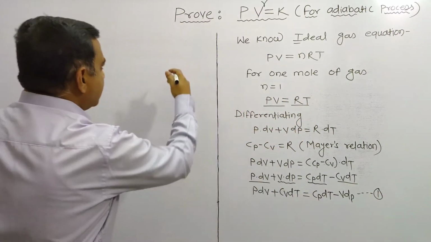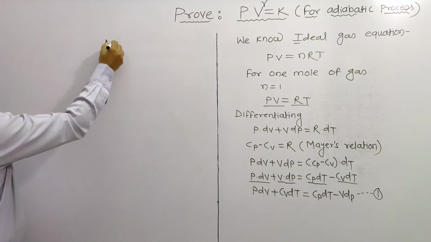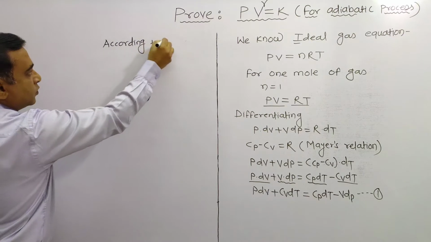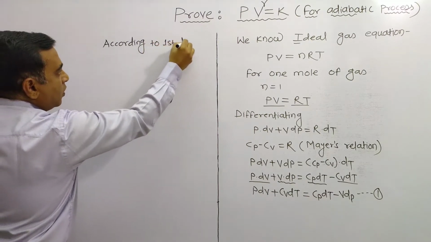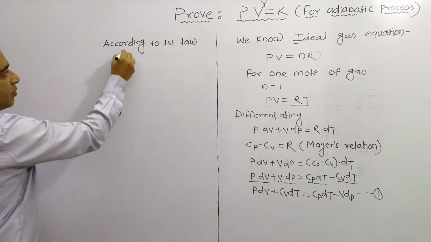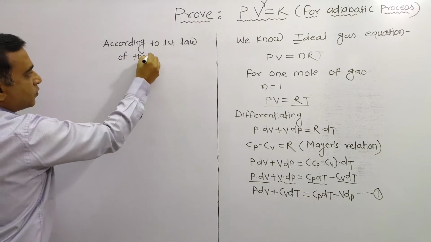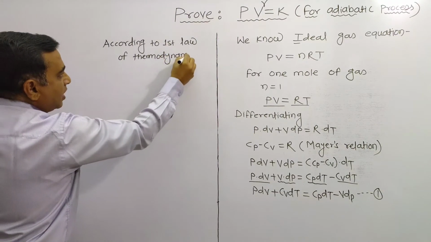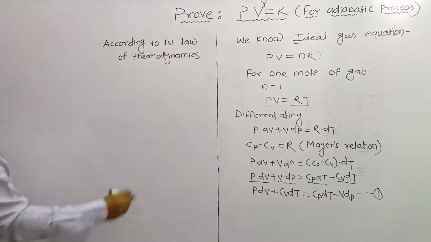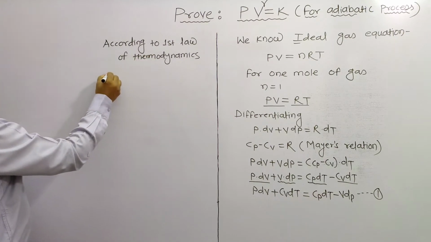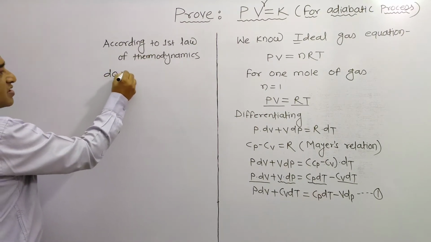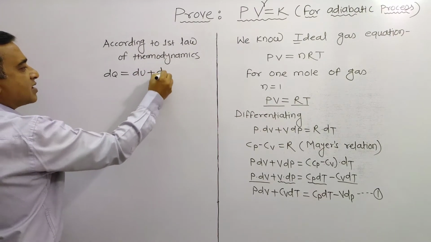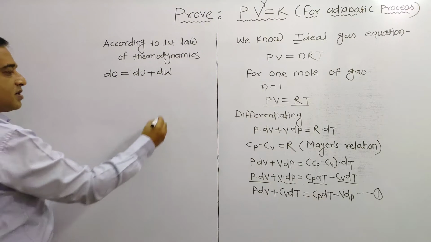According to the first law of thermodynamics, the amount of energy supplied to the system first increases its internal energy, and then external work is done by the system.